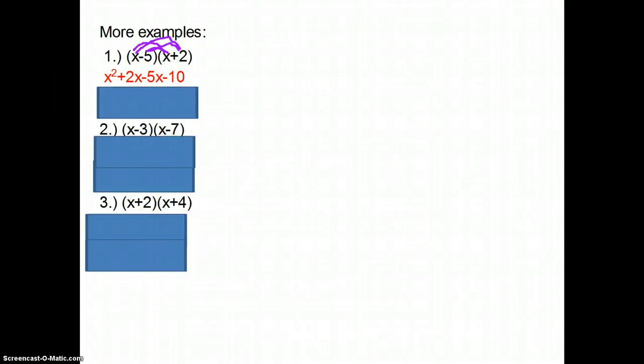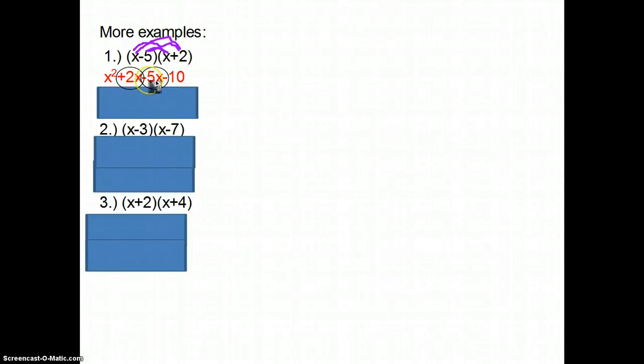Well, there's one more step I can take to simplify this problem. So I'm going to circle all like terms. So negative 5x and positive 2x.